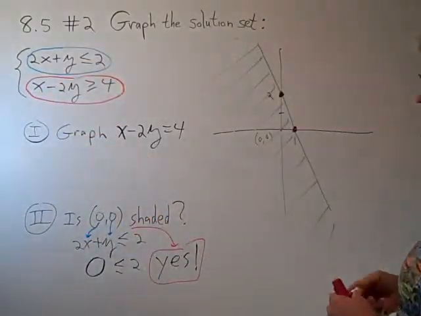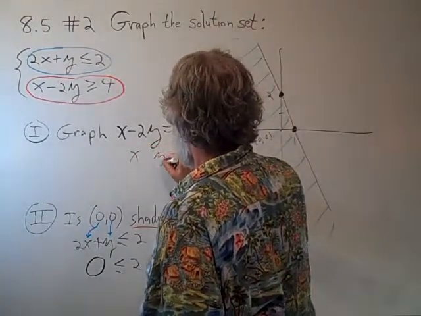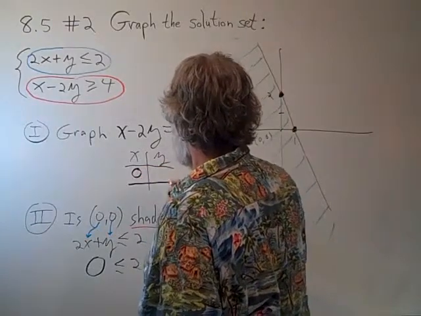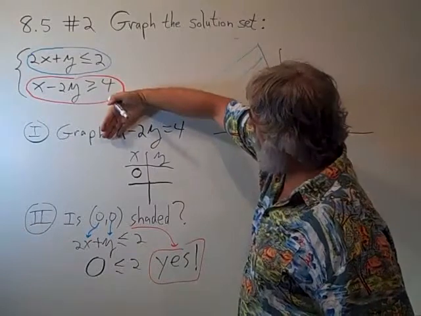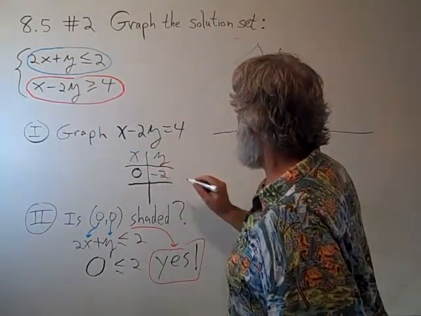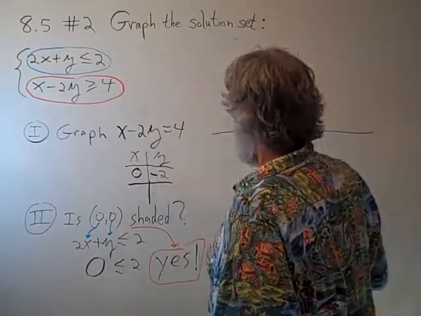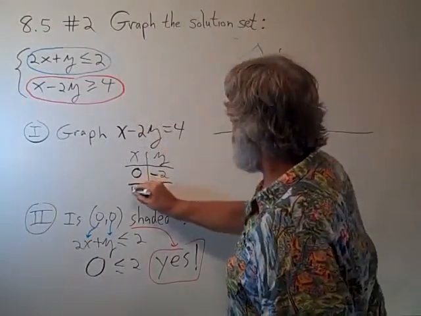Okay, so to graph this line, once again we need 2 points that are on the line. And if x is 0, we'll have the y-intercept. If x is 0, then negative 2 times negative 2 is positive 4, so y must equal negative 2. Well, if y is equal to 0, then x equals 4.